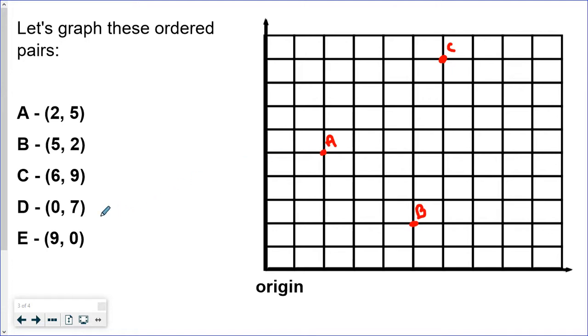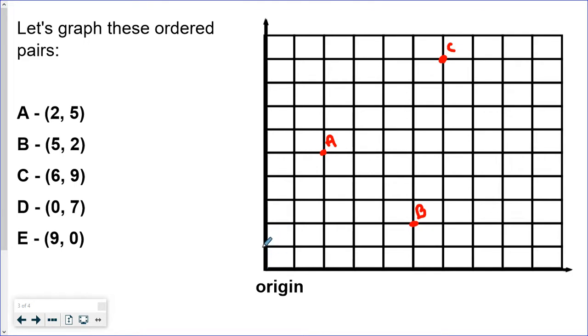We're going to do letter D now. And again, this one is unique because one of the numbers is 0, which means we are not going to move in one direction at all. For letter D, since the x is 0, that means I'm going to start at the origin and I am not going to move at all to the side. So no sideways movement, but the second number is a 7, which means I do need to move up 7 places.